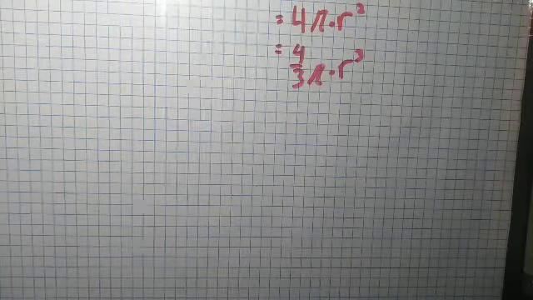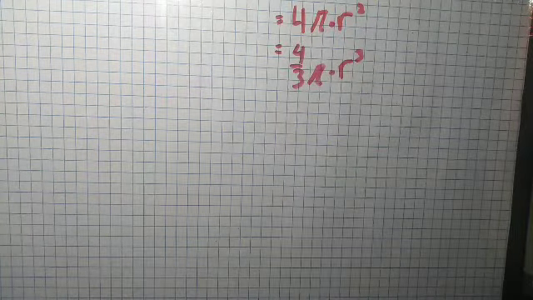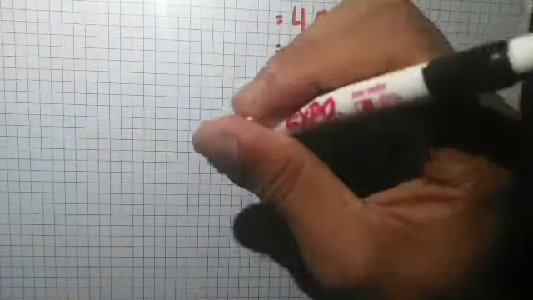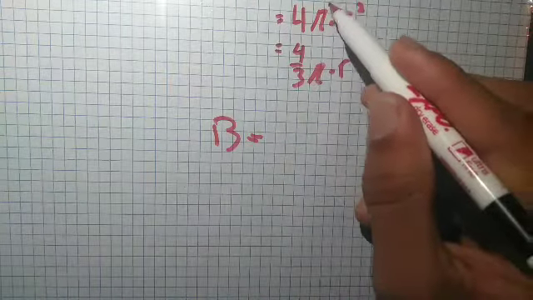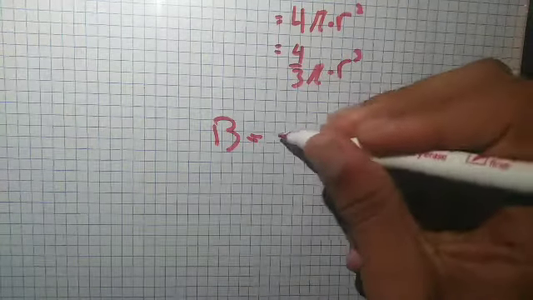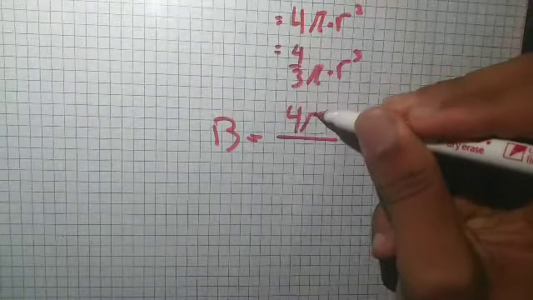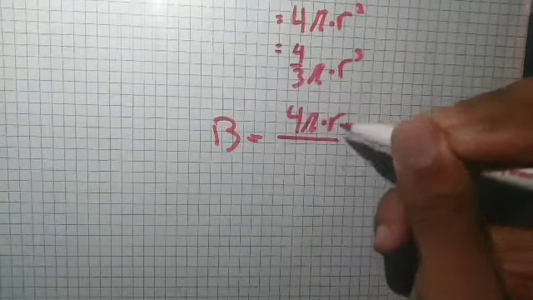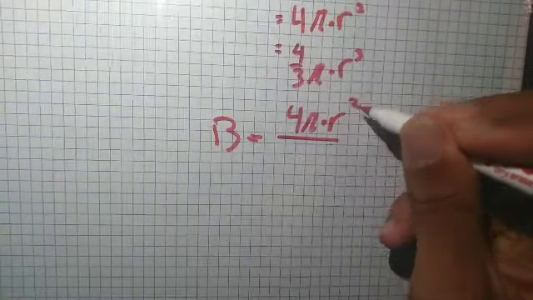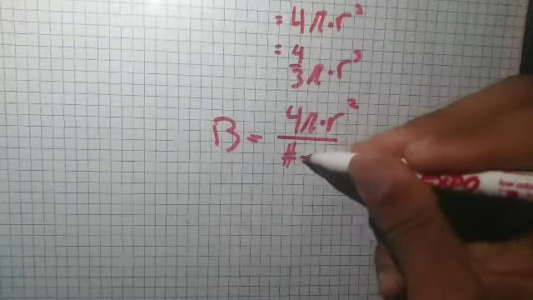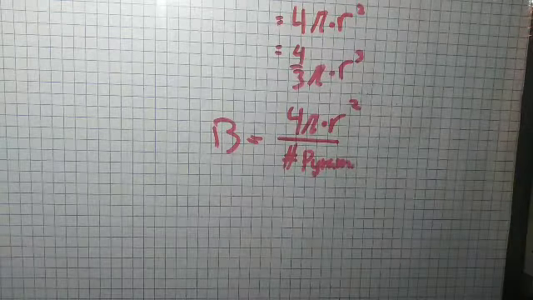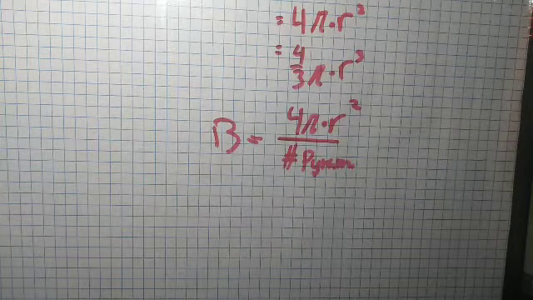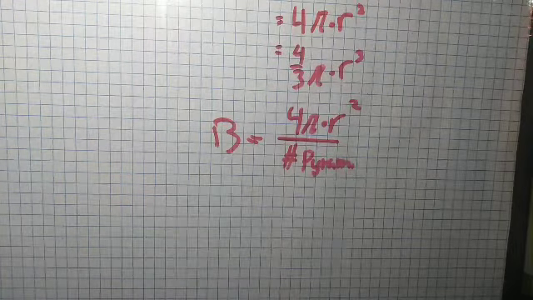Well, let me write out this confusing equation, and then let me simplify it. So the equation, I believe, is B is equal to 4 pi times r to the power of 2 over the number of pyramids. Tell me if you remember this one. Let me explain this to you. B is base.